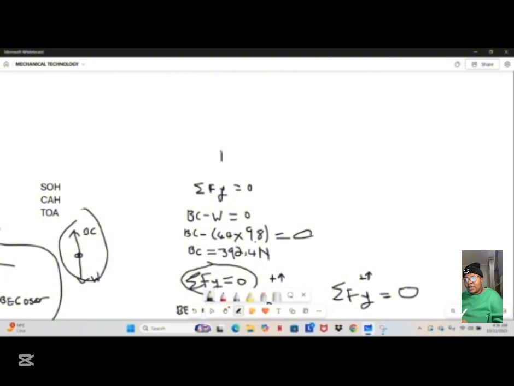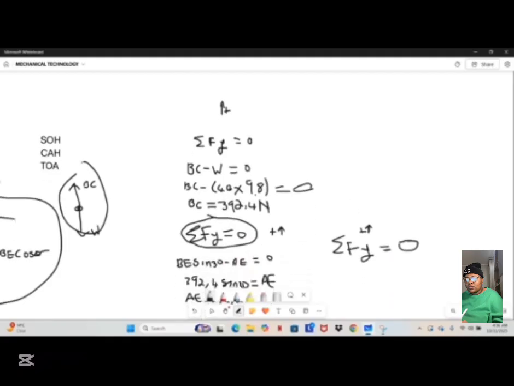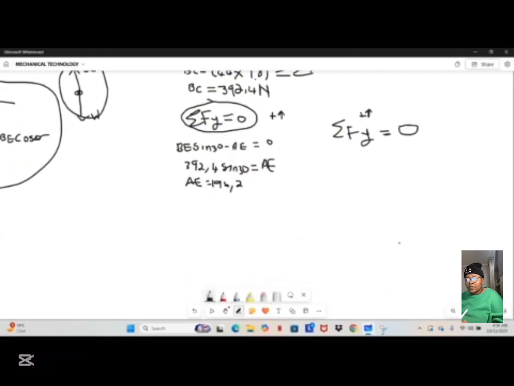And I already have an AE, which is 196.2, which is equal to mg, which is 196.2.